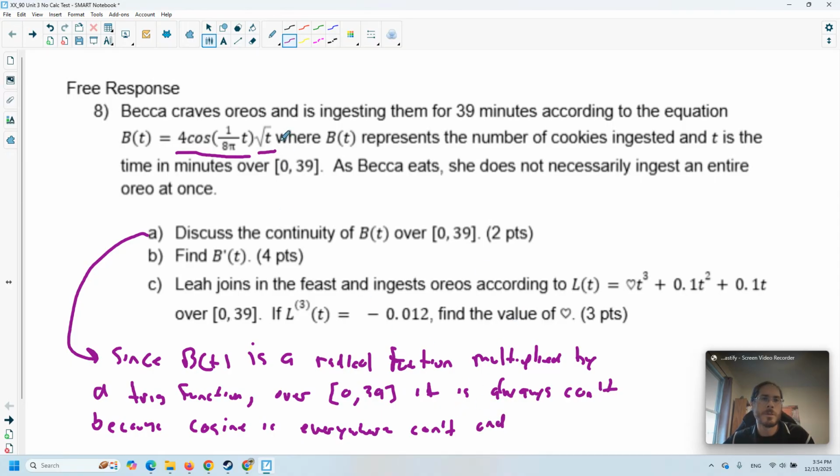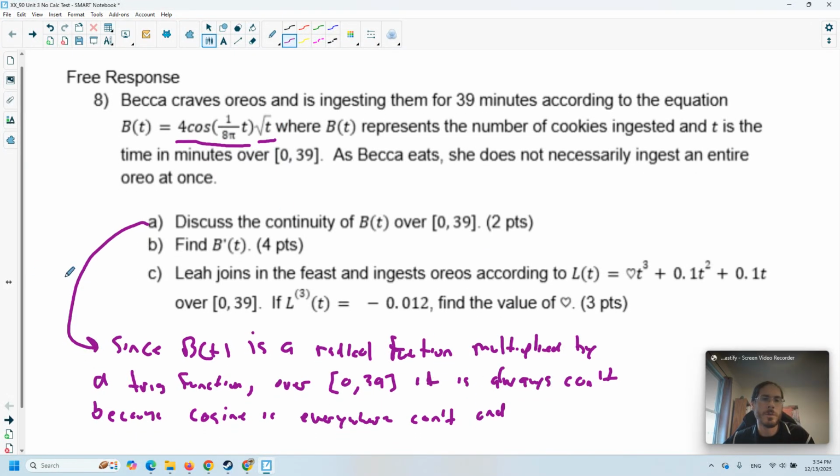And radical t, so square roots, are continuous from 0 to infinity, because again, we can't put negatives in a square root. 0 would be okay to put in that square root. Since it's continuous on these two intervals, the whole thing has to be continuous because we're just multiplying two continuous functions together.